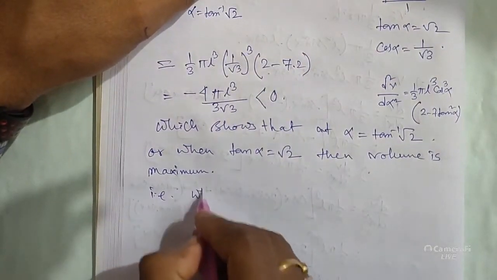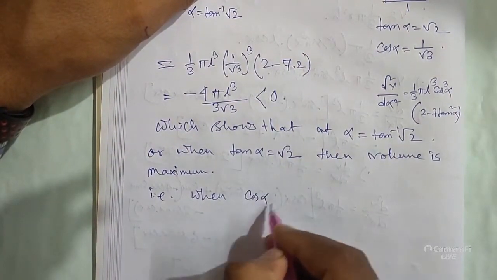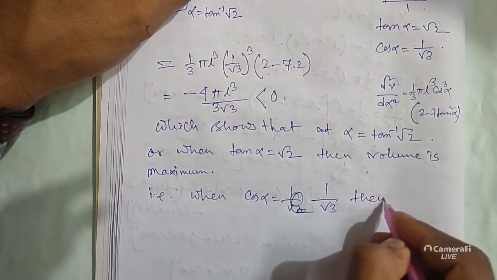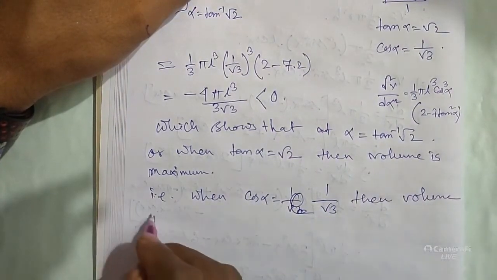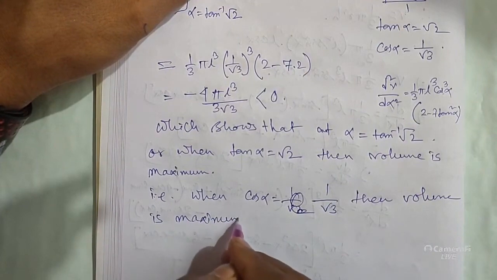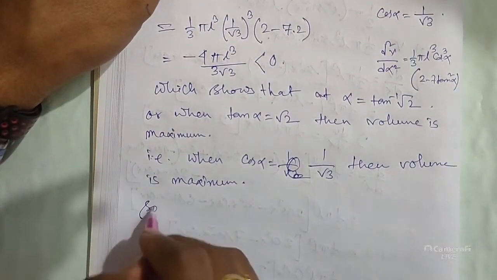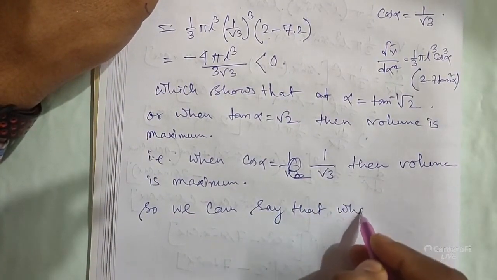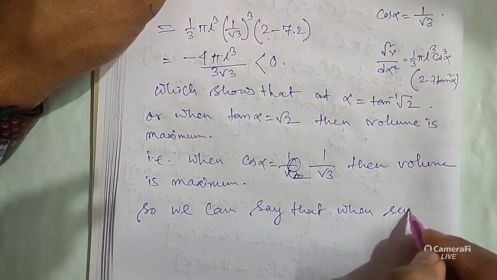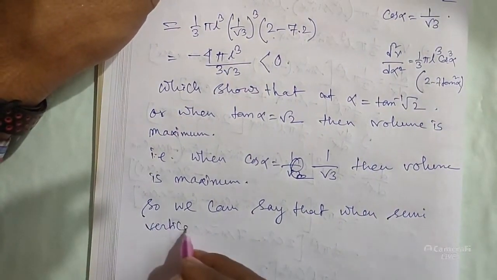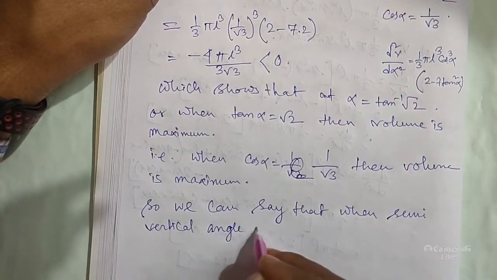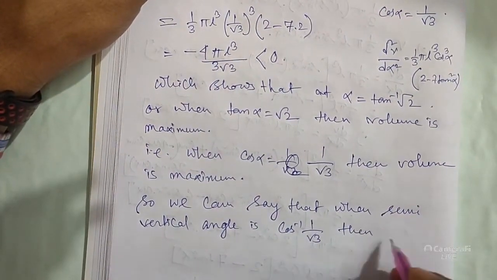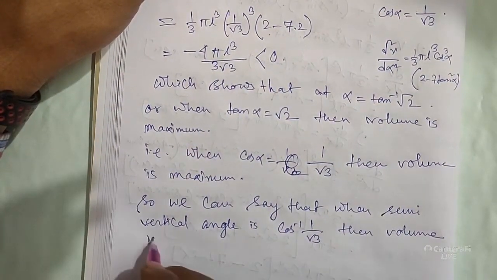That is, when cos alpha equals to 1 by root 3, then volume is maximum. So we can say that when semi-vertical angle is cos inverse 1 by root 3, then volume is maximum.